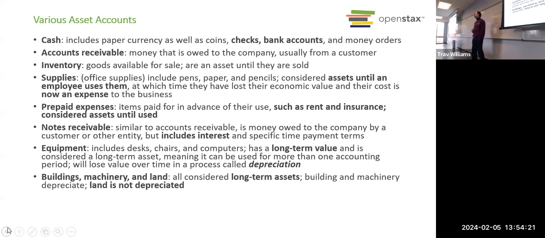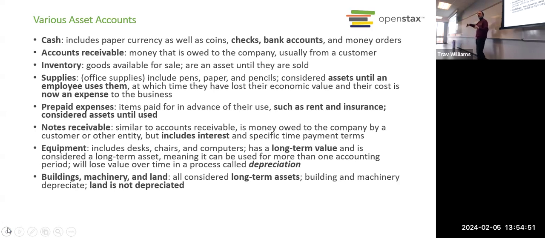Land, however, does not depreciate. So like if you build a building, you can expect over time that building is going to need repairs. If you don't take care of it, it's going to become less valuable. But with land, that's not really the case. Land has been there for millions of years. And so for tax purposes, it's considered that it just holds its value.